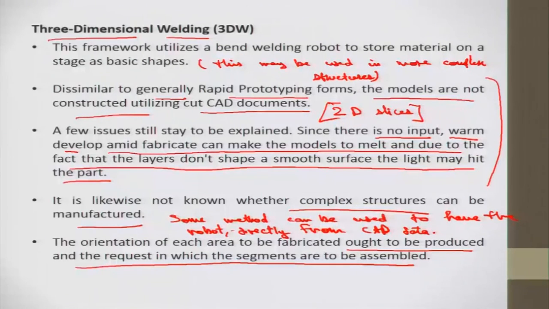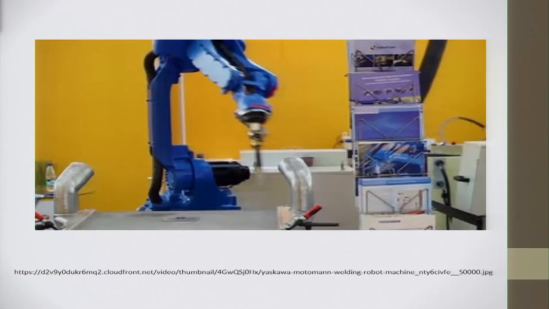So in this way, complex parts can also be manufactured here. So this is a typical 3D welding equipment here. In this case, this probe can move. This is a robotic arm. This probe can move and keep welding the material in X, Y and Z directions.